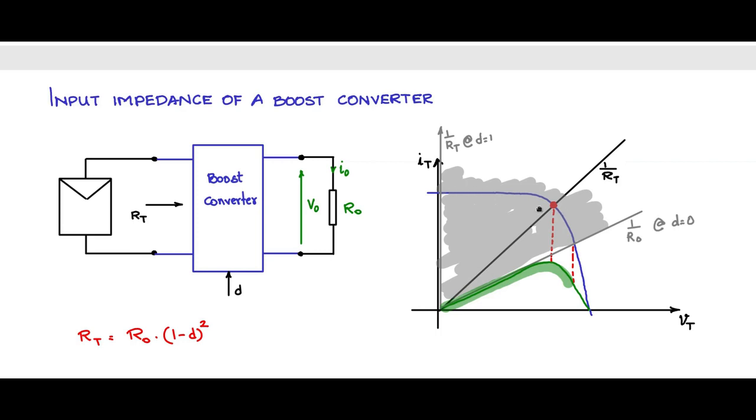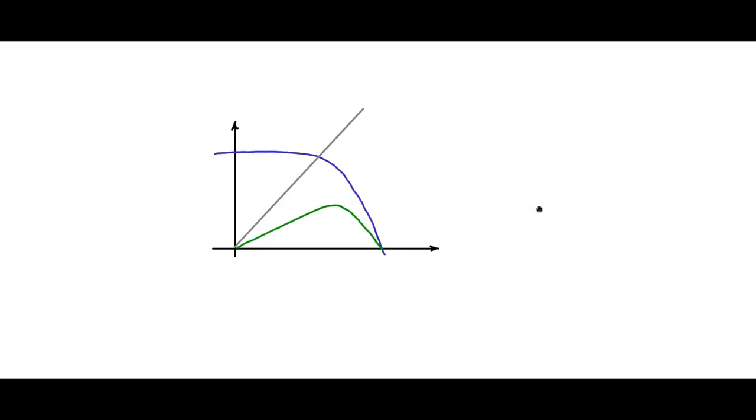Now there can be a problem. You have to be cautious and check about that. So I have here the IV characteristic with a limiting load line 1 by R0 like this. This is at duty cycle D equal to 0. So for the boost converter, all the reachable points should be on the left side of that, as we saw by the argument just now.